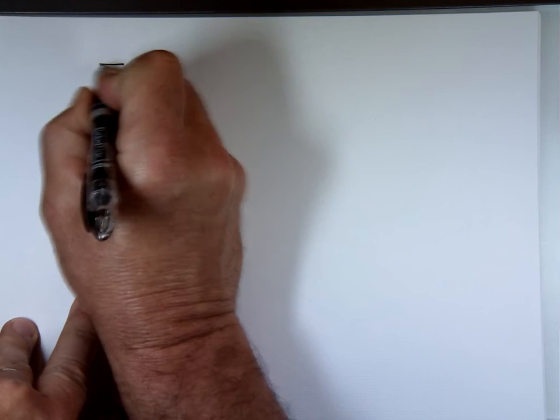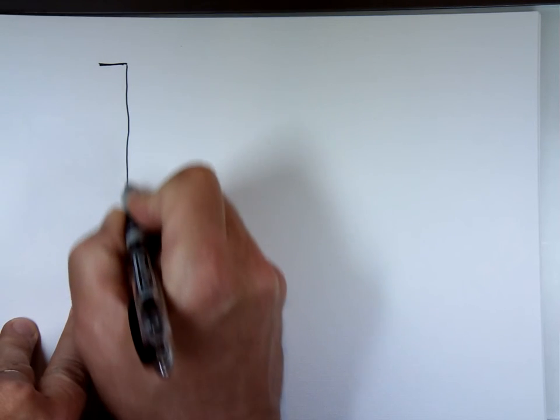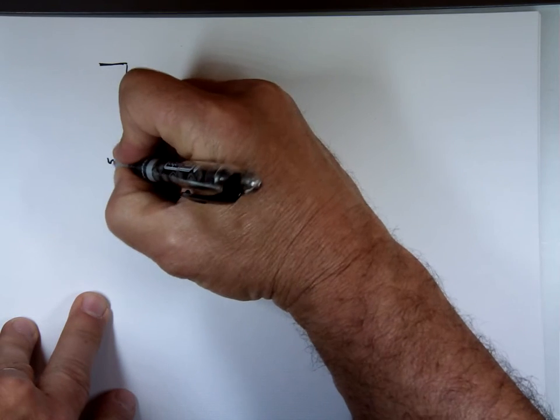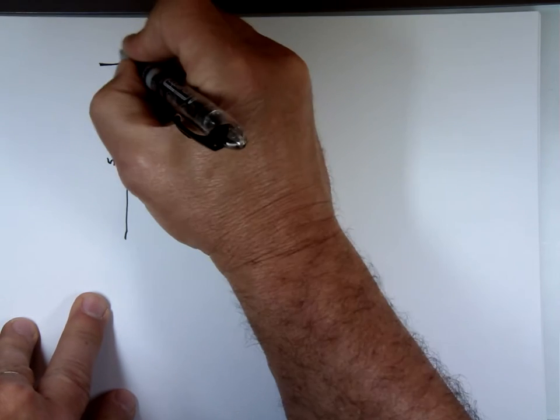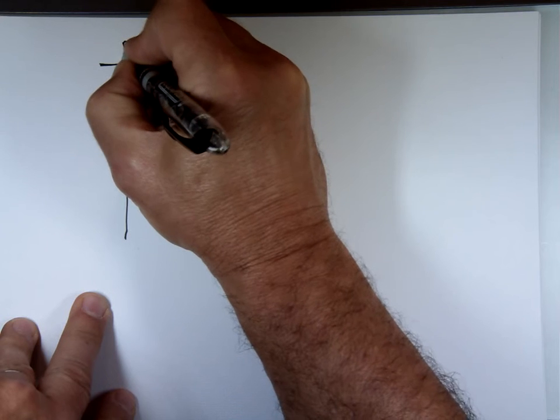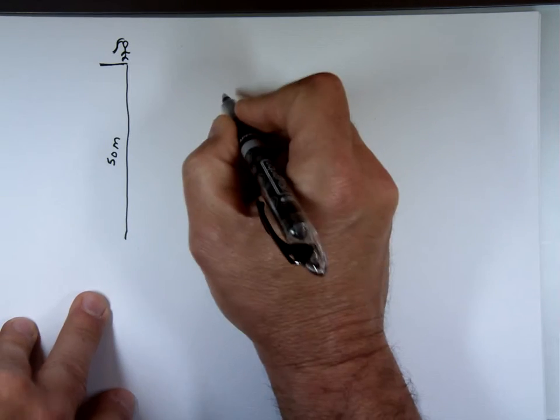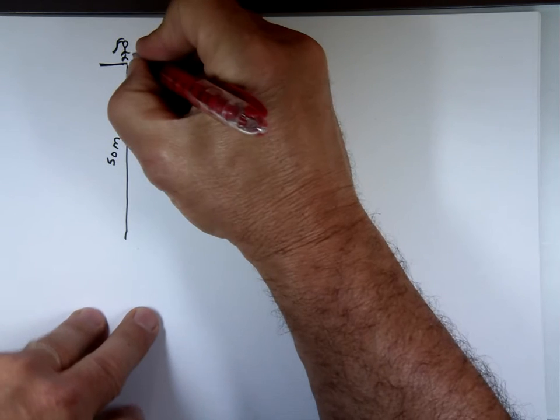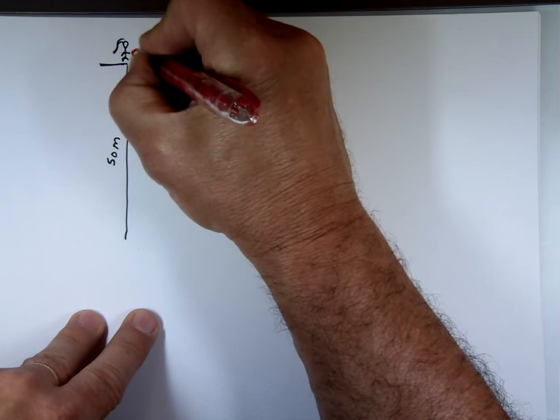We'll use this building. This is a 6-story building. Let's say the height of that is 50 meters. Here's you. In your hand, you have a big water balloon.